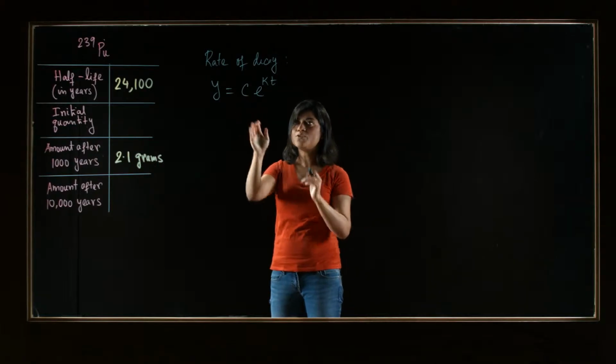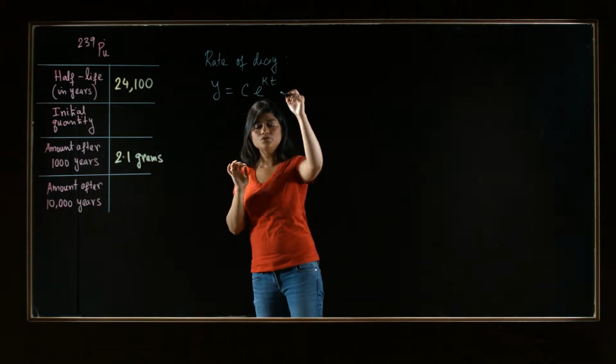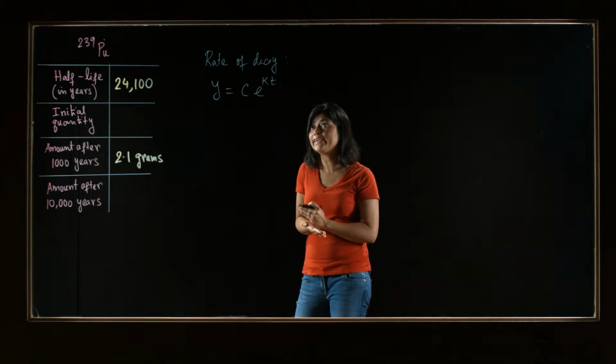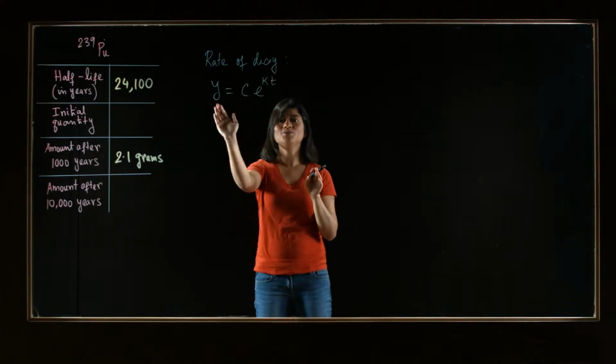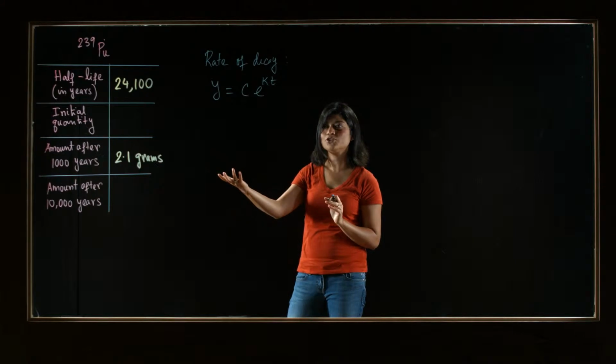Notice that when you plug in t equals 0, at the very beginning, the exponential portion goes away and y is equal to c. So that's the initial amount.